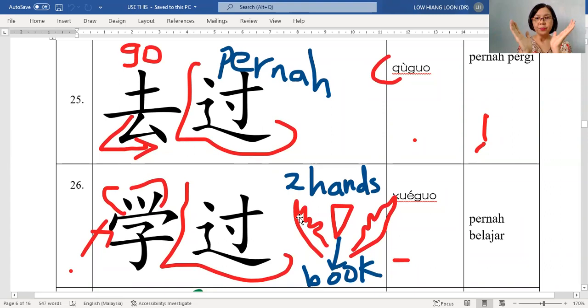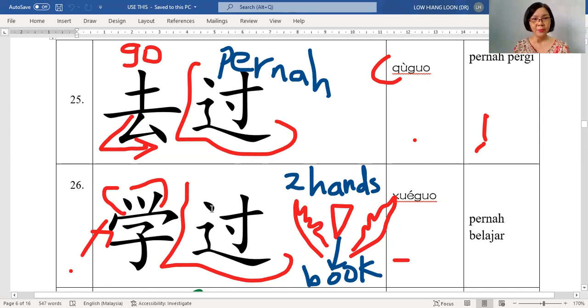When you have 2 hands and you're holding a book, what does it mean? When your papa, mama saw your 2 hands are holding a book, they will say, oh, you are learning or you are studying. 对吗? So what is learning and studying in Mandarin? 学. So remember when you see 2 hands and 1 book, this is 学.